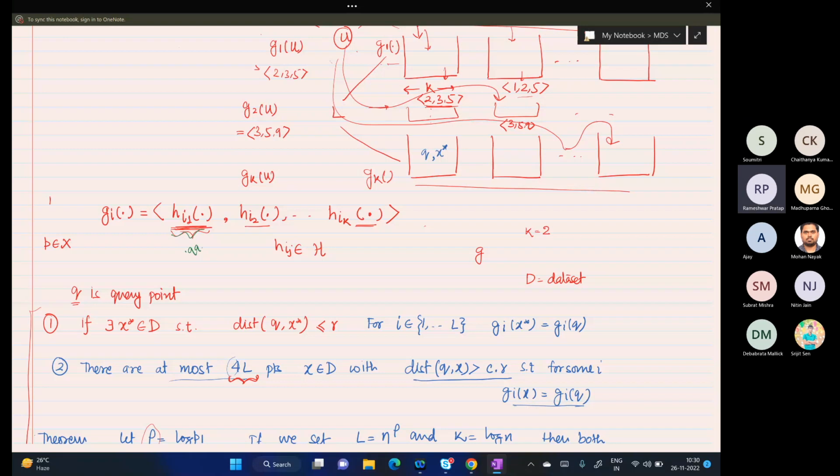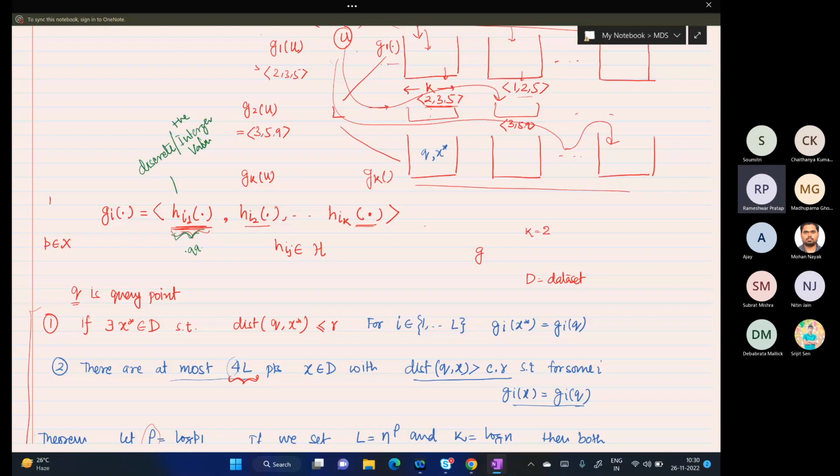So we want this bucket ID to be some discrete value, or integer value, in fact a positive integer value. Then only we can assign a data point to some particular bucket and compute its ID, and based on the value we can assign it to a particular bucket.